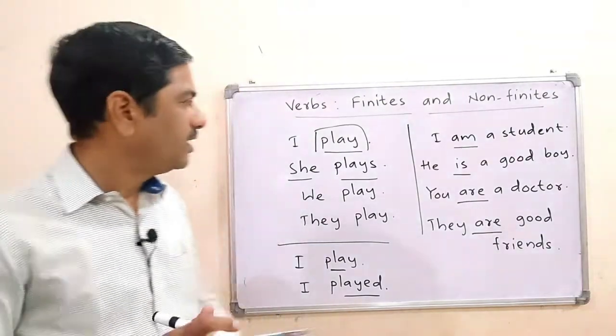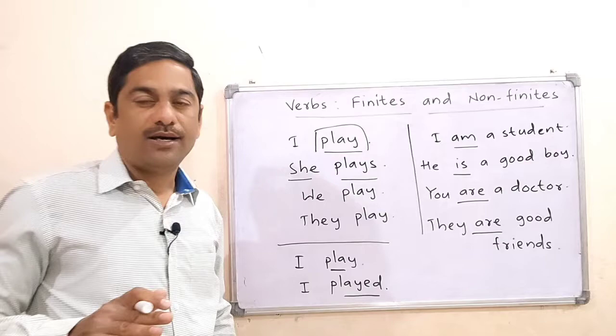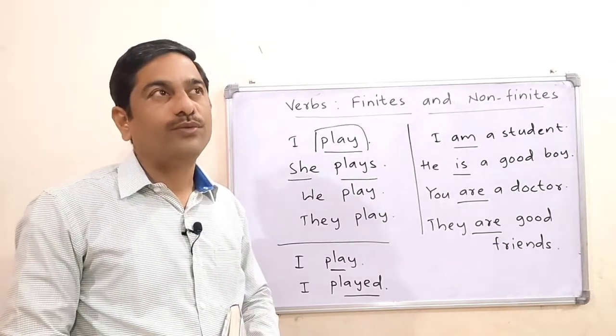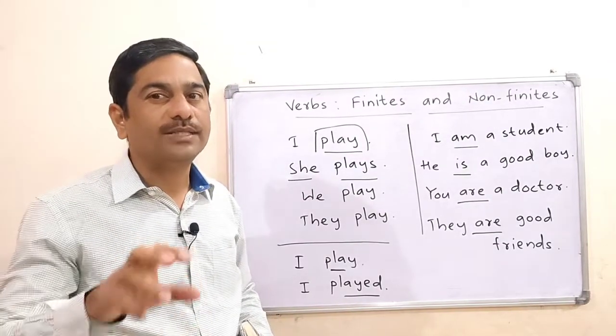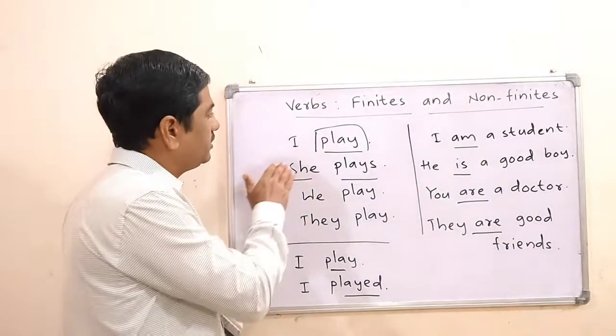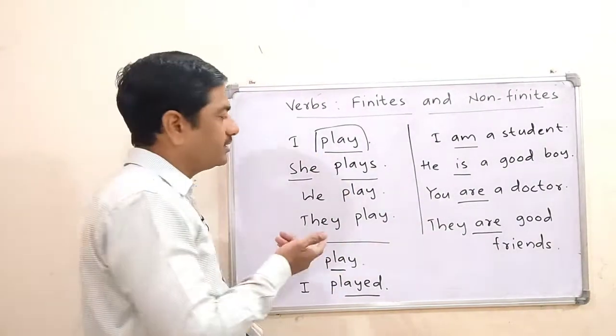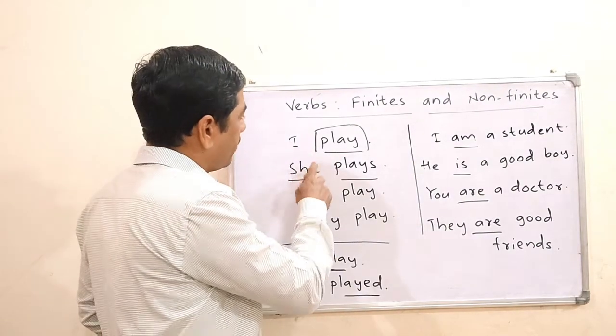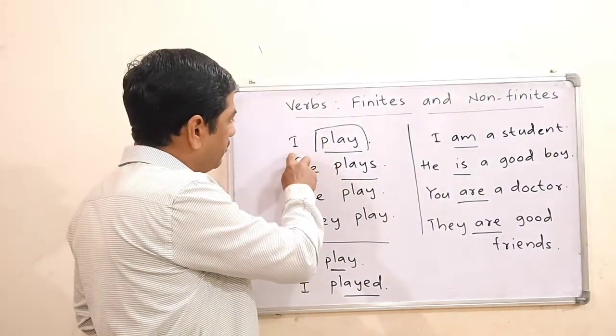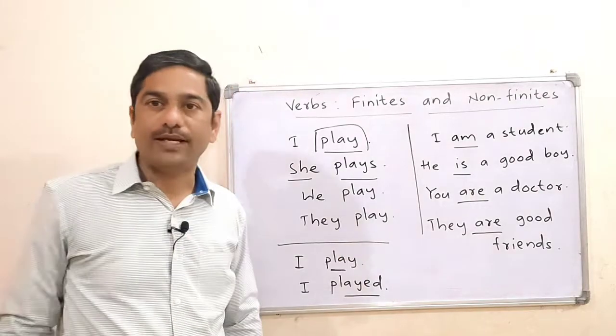Very easy. The idea to find out a finite verb from a sentence is very easy. See, the verb which comes immediately after the subject is a finite verb.